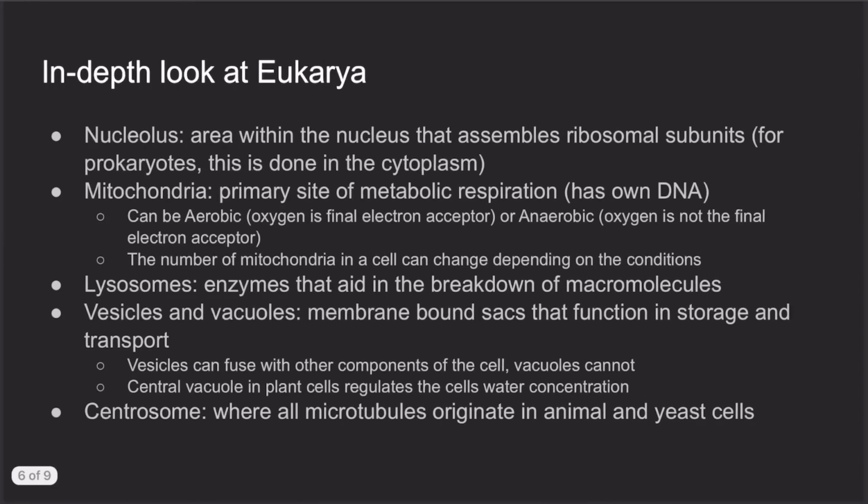Okay? So now we're going to take a little bit more in-depth look at Eukarya. Not all the way, because there are still some more things we're going to get into. So the nucleolus is the area within the nucleus that assembles the ribosomal subunits. No, it's not where the ribosomes are, it's where they're assembled.